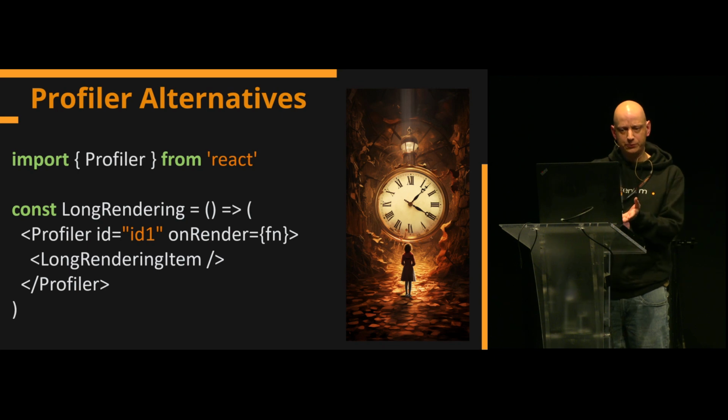And in this case, of course, it's totally useless because the profiler Chrome extension will give you better information than this. But if you're doing really micro-optimizations and you're having a lot of profiler components, and then you have to write your own aggregator renderer, then yeah, it can come in handy.